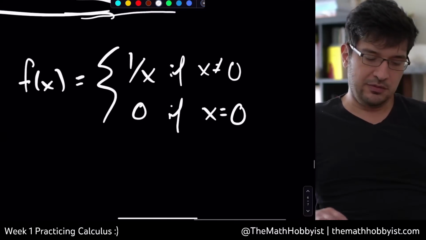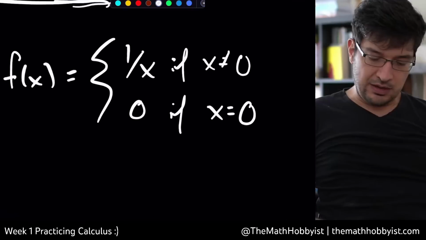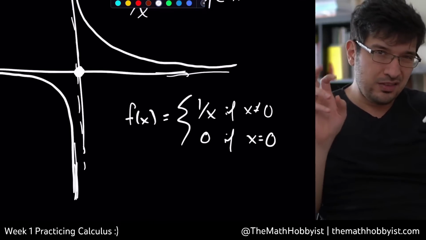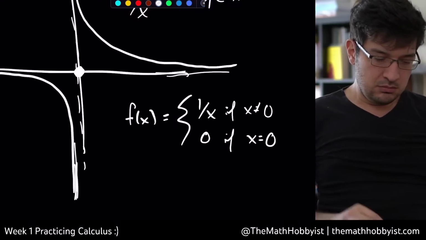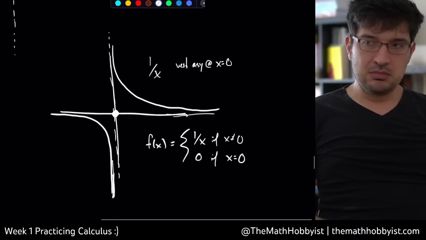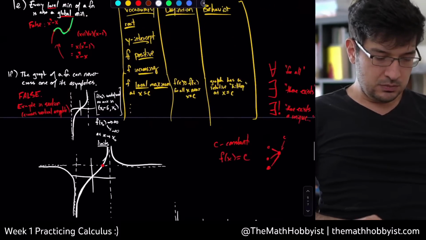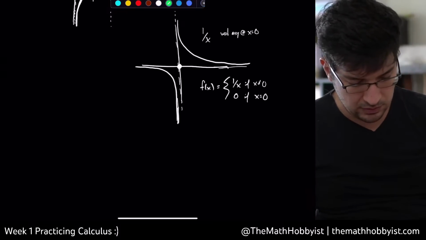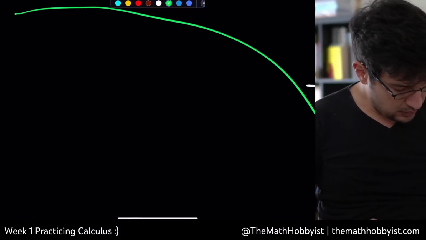If x is not 0, we use 1 over x. If x is 0, we just define it at 0. Does this cross one of its vertical asymptotes? Maybe. I don't know. What do you mean by cross? So that's just a twist of that question that makes it interesting.